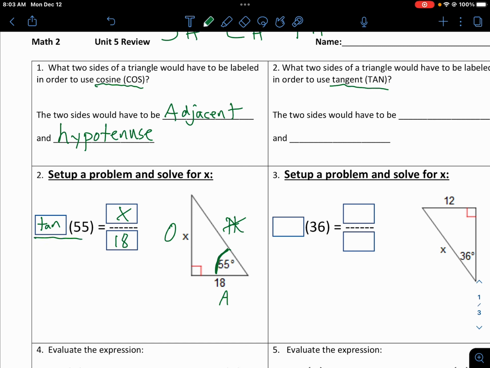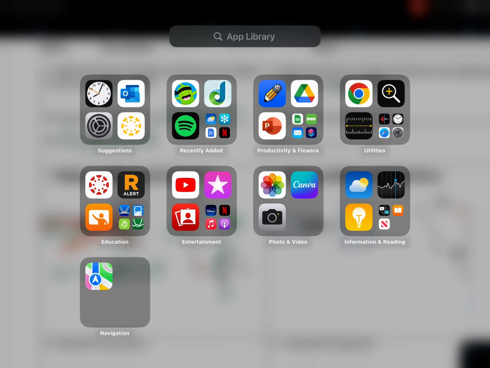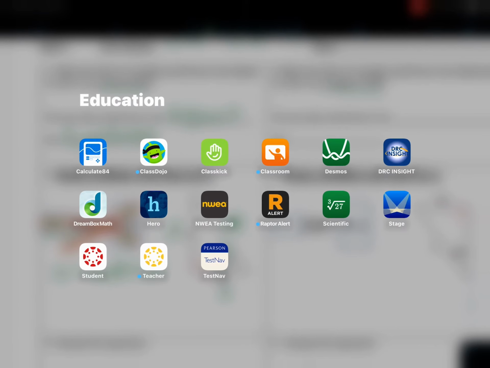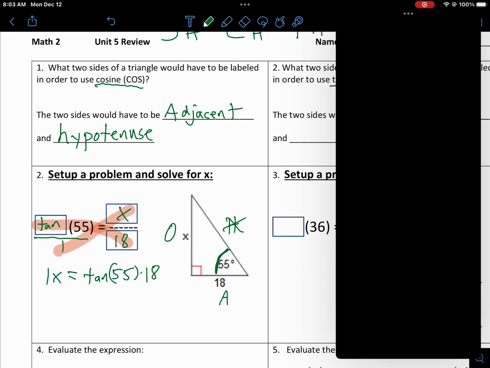And then we cross multiply. So throw down the 1, and then multiply here. So 1 times X is 1X, and then tan 55 times 18. And that you can throw in the calculator. Let's throw it on top.